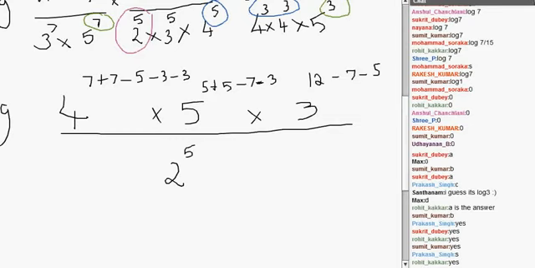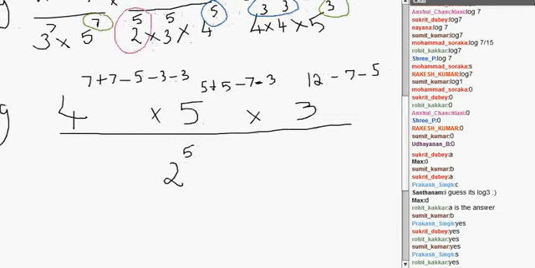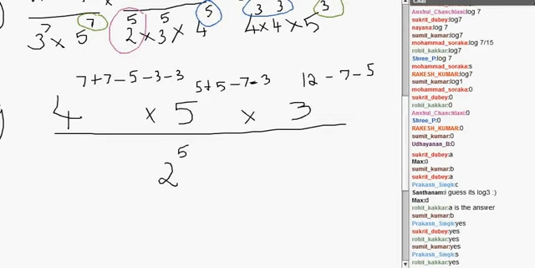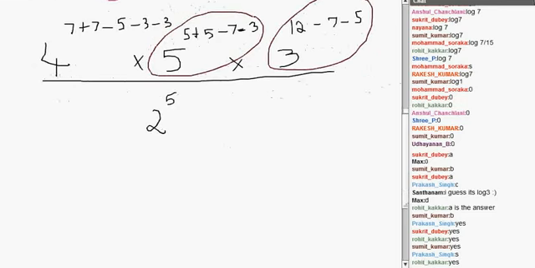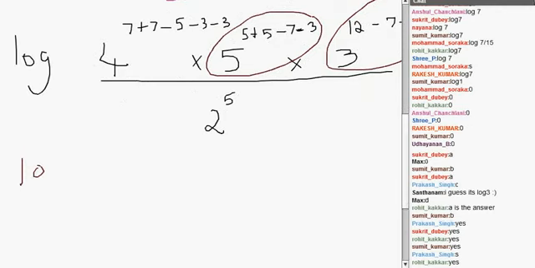So basically what happens, this whole thing becomes 5 power 0, this is 3 power 0. Anything power 0 is 1. So we are left with only log of 4 power, how much is this?